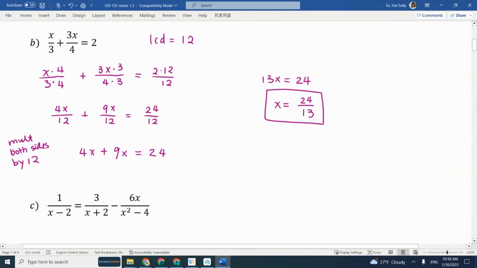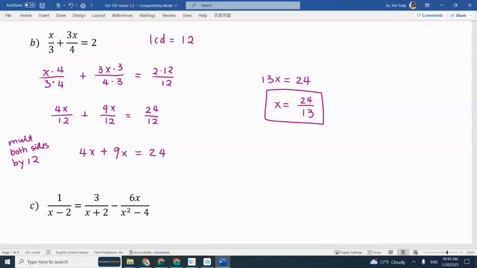We increase difficulties. Do you see part B? Our least common denominator is just a number. Right, everybody? But part C. Do you see the denominator? We have variables in it. So we first of all figure out the least common denominator is 12. Then we make each term have the denominator 12.